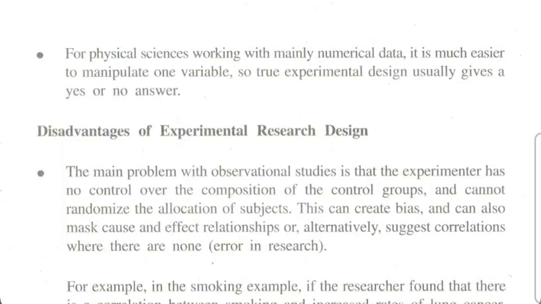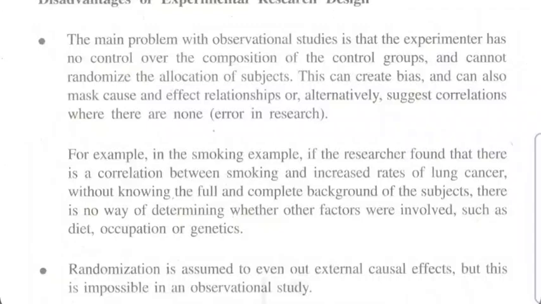The main problem with observational studies is that the experimenter has no control over the composition of the control groups and cannot randomize the allocation of subjects. This can create bias and can also mask cause and effect relationships, or, alternatively, suggest correlations where there are none, causing error in research.